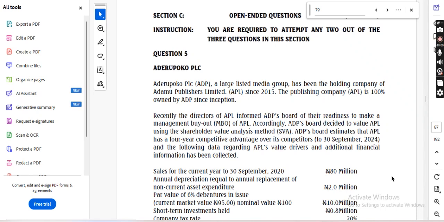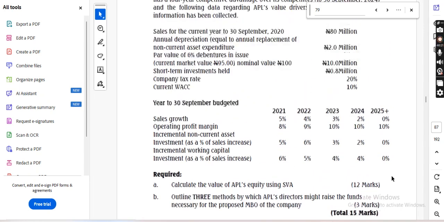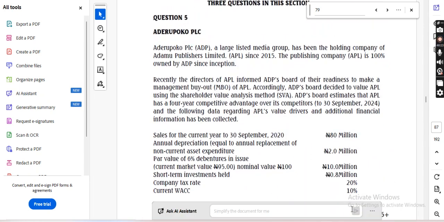That is management buyout. Now, the question says, outline three. How will they source for the funds? Where will they get the money from? This is why the question says outline three methods by which APL director may raise these funds necessary for the proposed MBO of the company. 3 marks. Please go ahead.